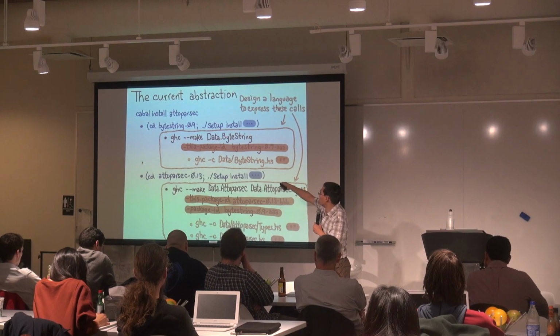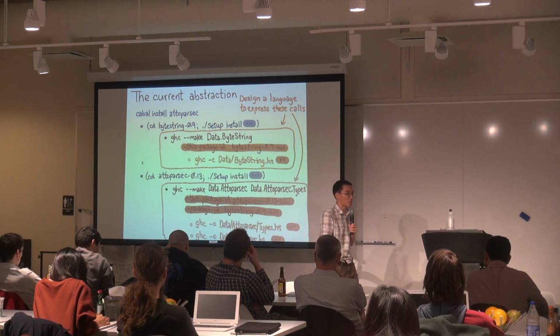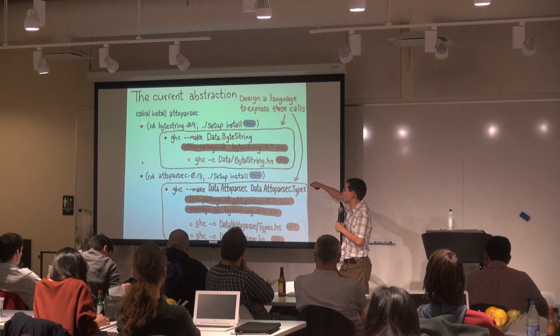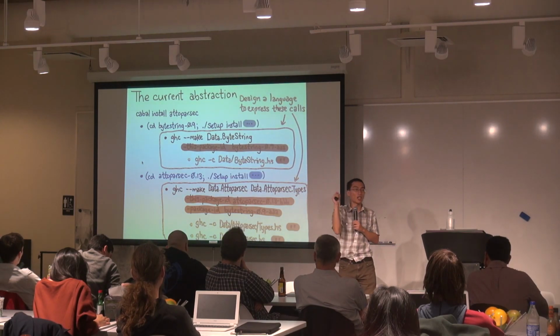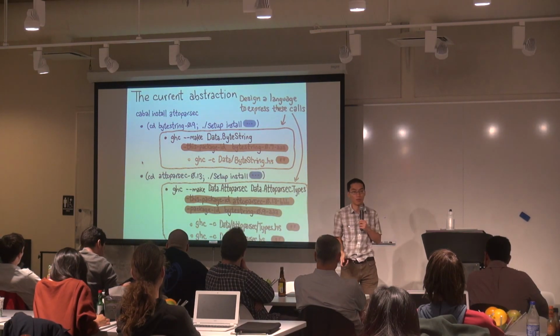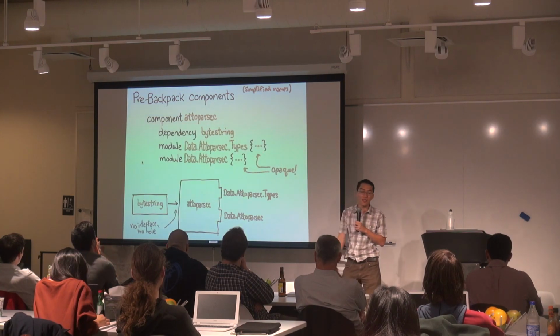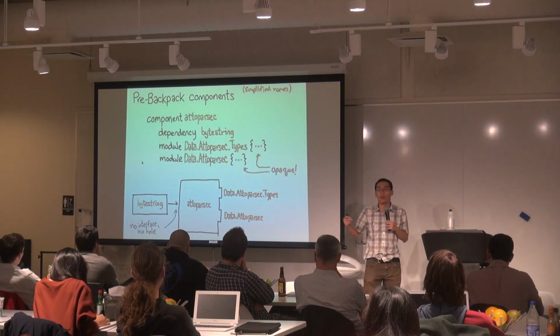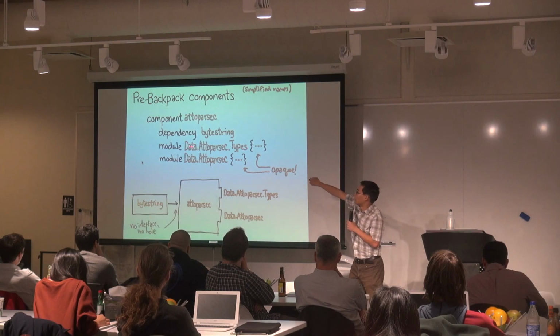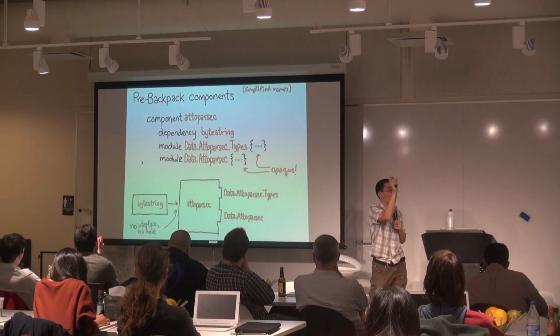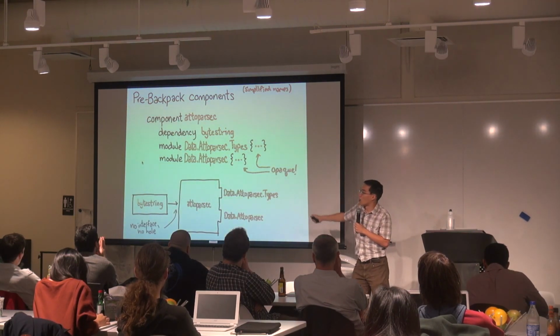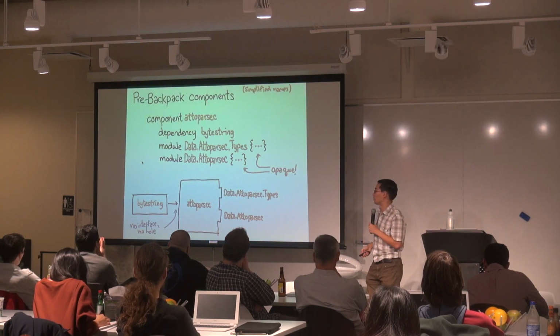Those build things call out to ghc --make, and ghc --make internally calls a one-shot compiler on every single module in the project. We can represent this in our language version using a dependency for every package we depend on and a module for all the input modules to the compiler.